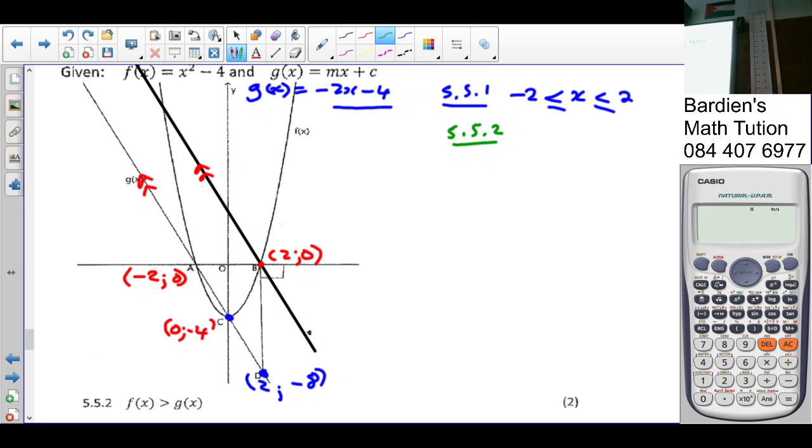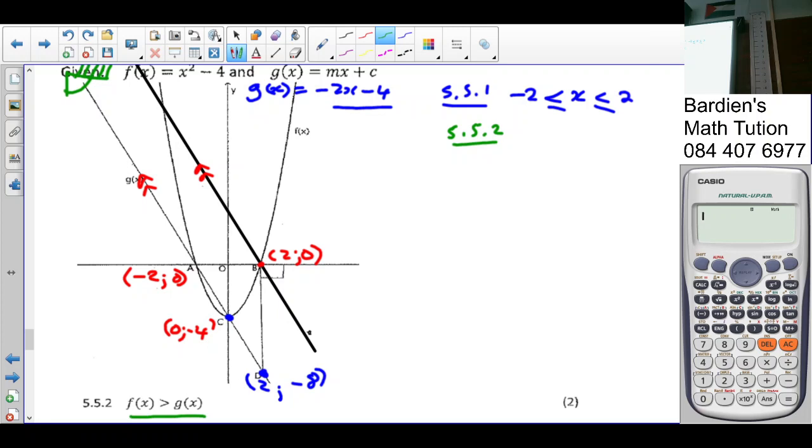In other words, where is your f of x on top of the g of x graph? I'm looking from the top. Which graph is on top? Looking across. F must be on top of G, or F must be more than G.